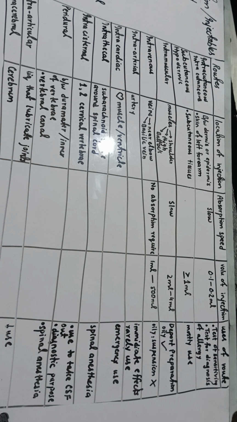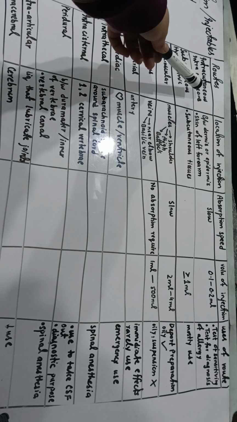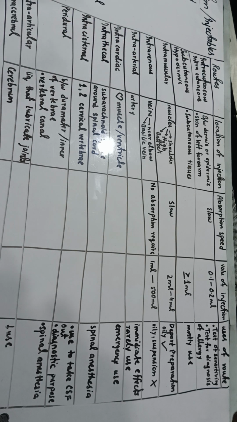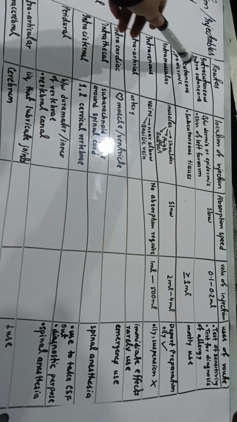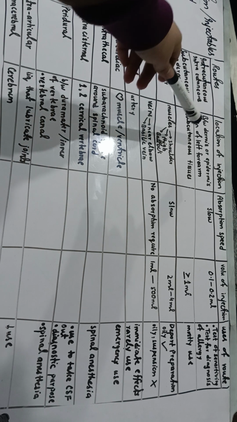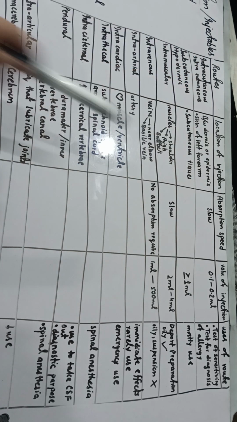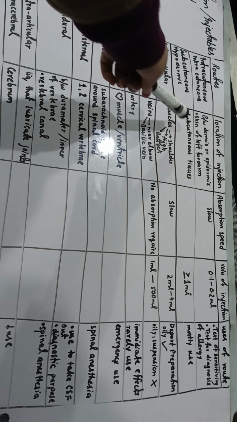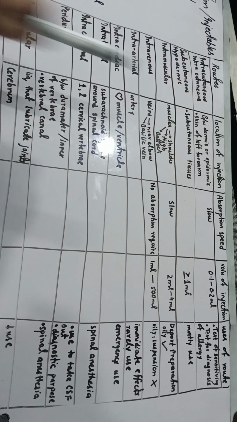Now first of all, let's discuss the intracutaneous or intradermal route. I have written it again, so please correct it. It is injected between the dermis and epidermis layers. Dermis and epidermis are the layers of your skin, so they are injected in it, and they are injected in the skin of the left forearm.